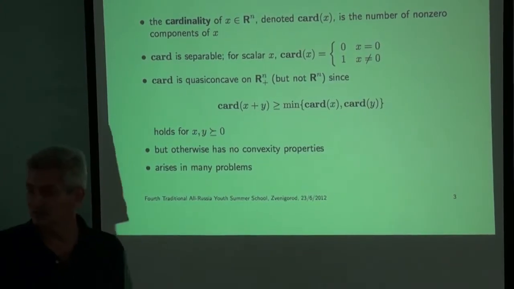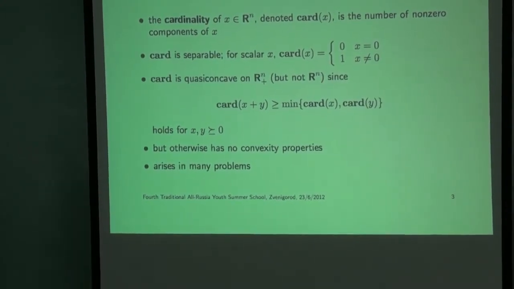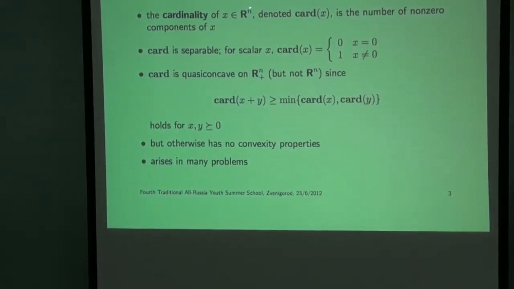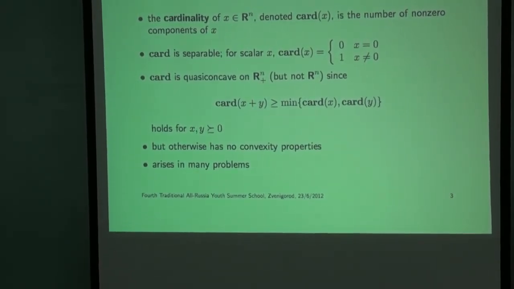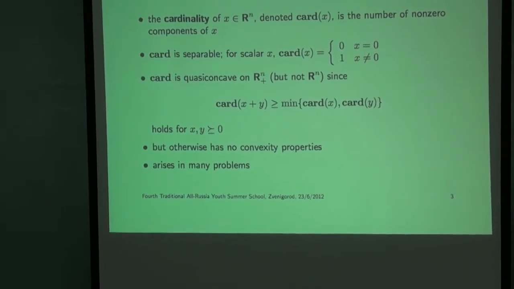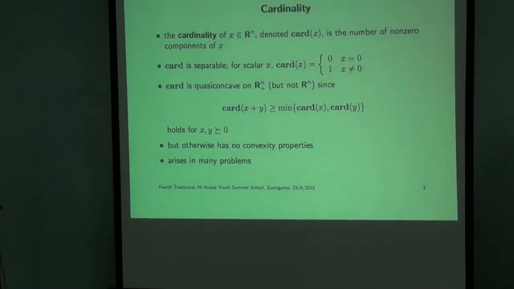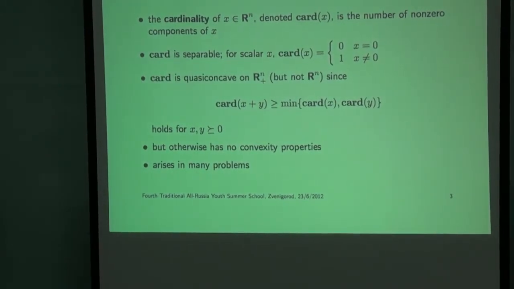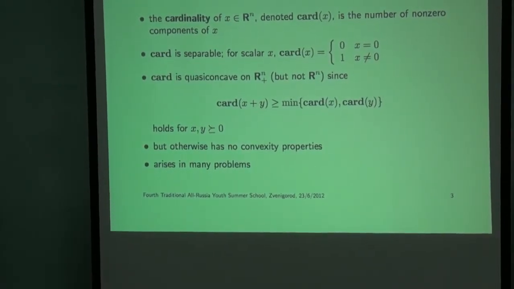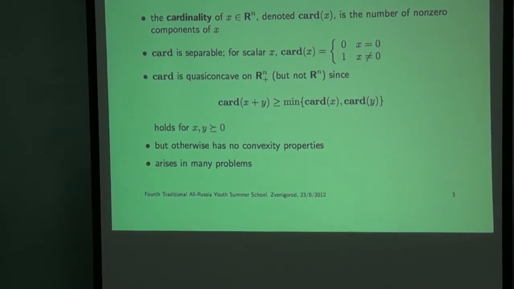Okay, so let's get into the details. The cardinality of a vector is the number of non-zero components of x. By the way, some people write this as the L0 norm, so that's the other thing you will see. This drives me insane, because a norm is a norm. It has been a norm since 1850, and it's not a norm.